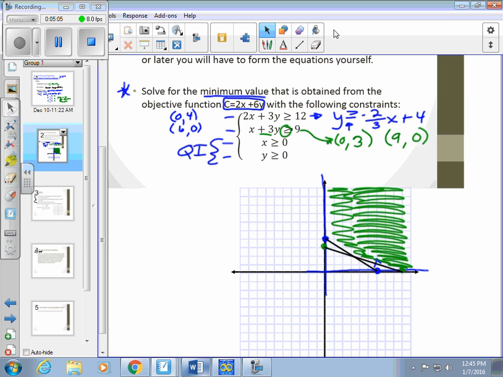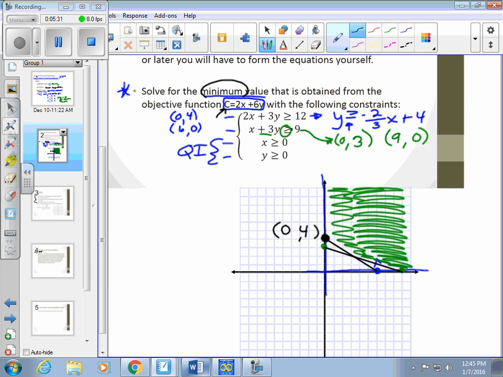Our points of interest as we continue with this problem is we now want to maximize or minimize. We want to find the minimum value that works for our constraints. So we're looking at the region, and I want the vertices of the region. Here's one of the vertices, and we know that ordered pair is 0, 4.